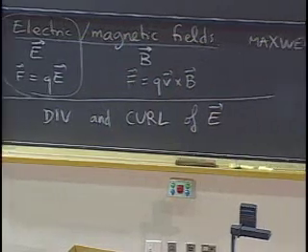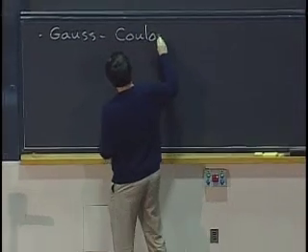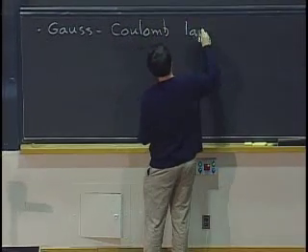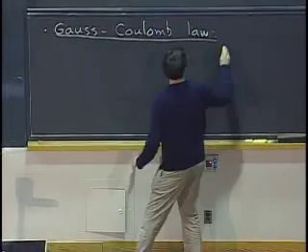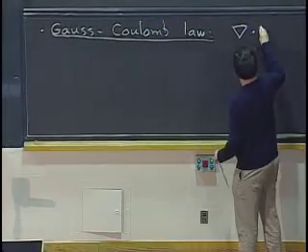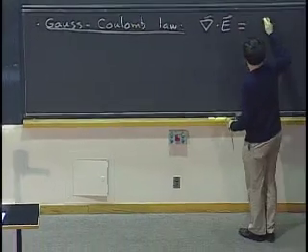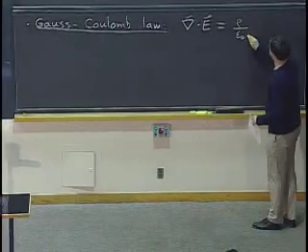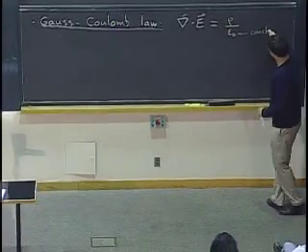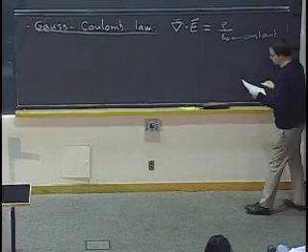So the first equation is called the Gauss-Coulomb law. And it says that the divergence of the electric field is equal to, so this is just a physical constant. What it's equal to depends on what units you're using.